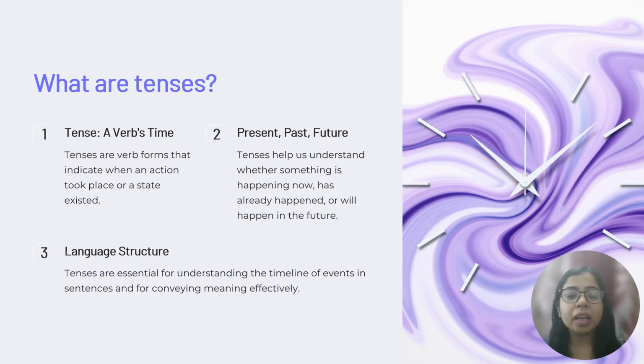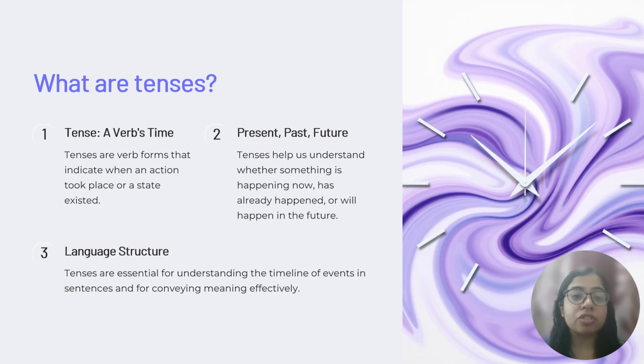Then what kind of tenses are there? Present, past and future. So tenses help us understand whether something is happening now, has already happened, or will happen in the future. Something which is happening now is present, which has already happened is past, and which will happen in the future is future, of course.